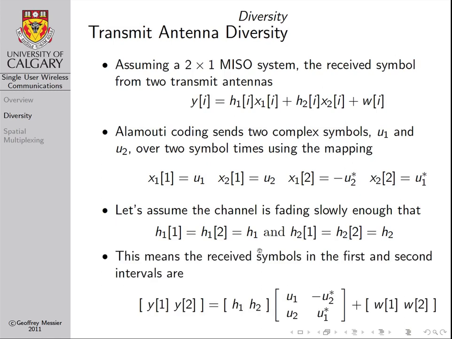And so what we're going to do is look at the received symbol at the single receive antenna for both of our symbol intervals.